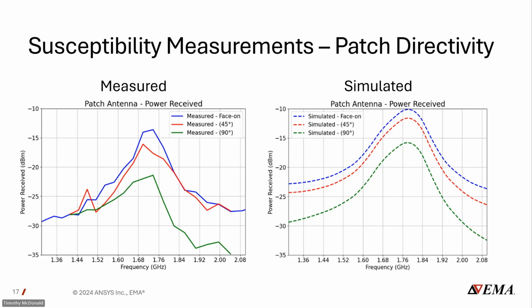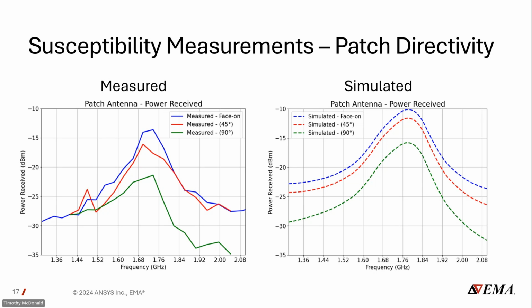The physical measurements are shown on the left. Unfortunately, we did not have a full frequency sweep for a few of these measurements, so we're only looking at the primary resonance, that 1.7 gigahertz again. And that drop in the magnitude of this measurement is shown very clearly here in our physical measurements.